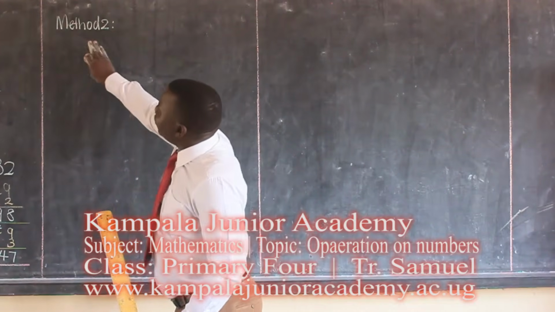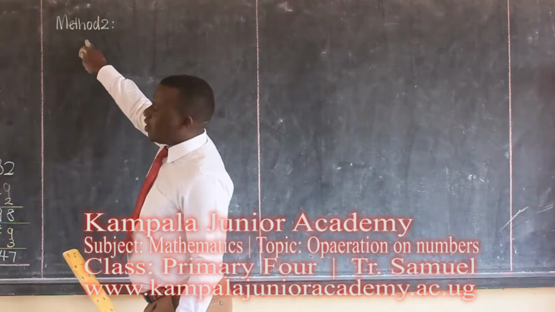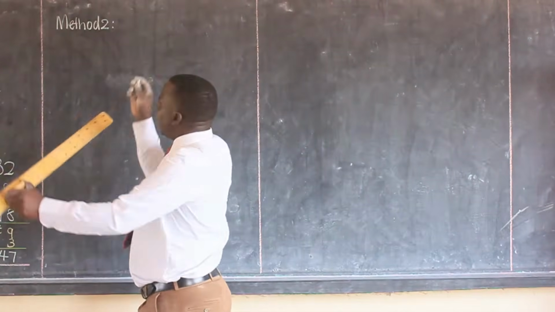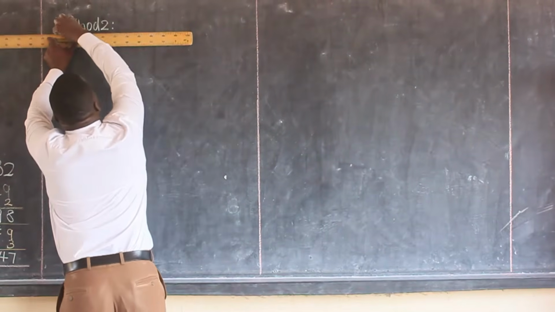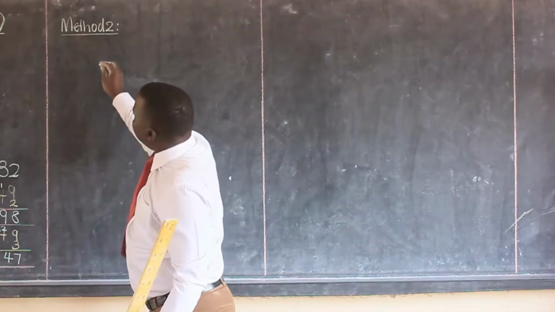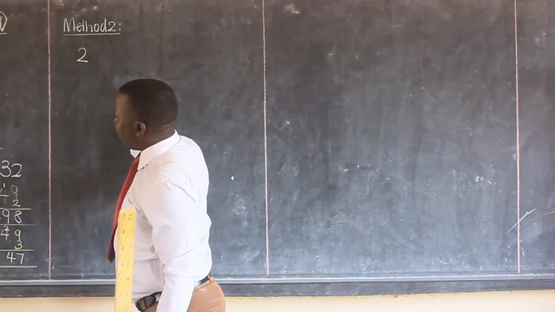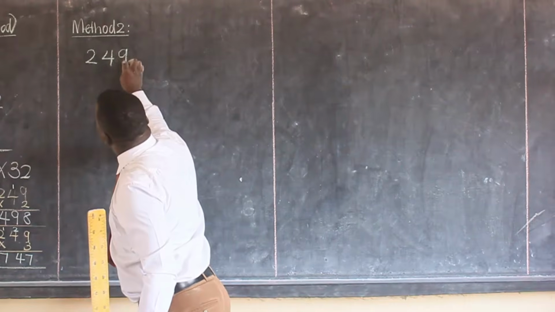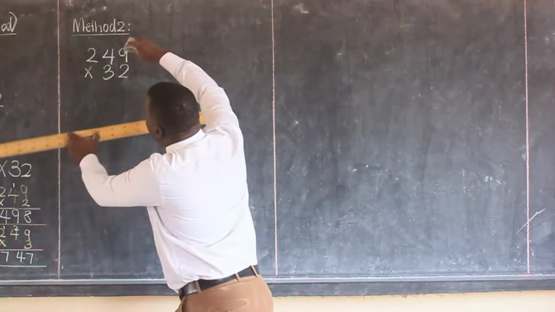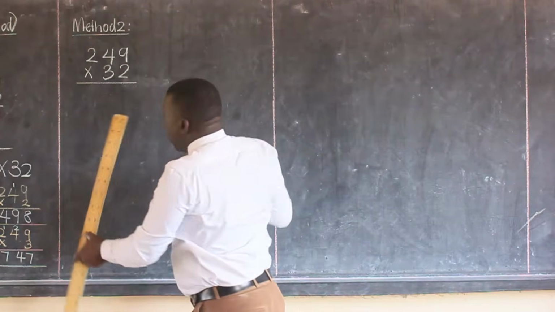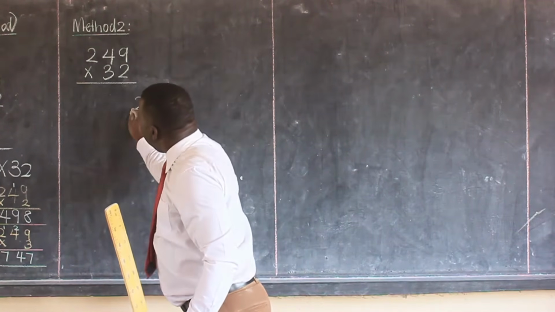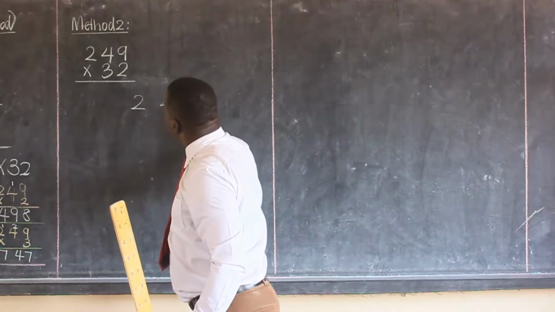Okay, now dear children, in our method 2, I told you we shall use what we call the lattice method. In our lattice method, remember here in our example 2, we are multiplying 249 times 32. Okay? Now, I told you we shall write our 249.